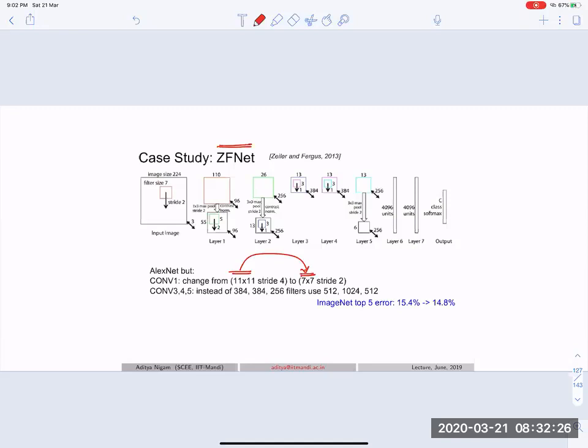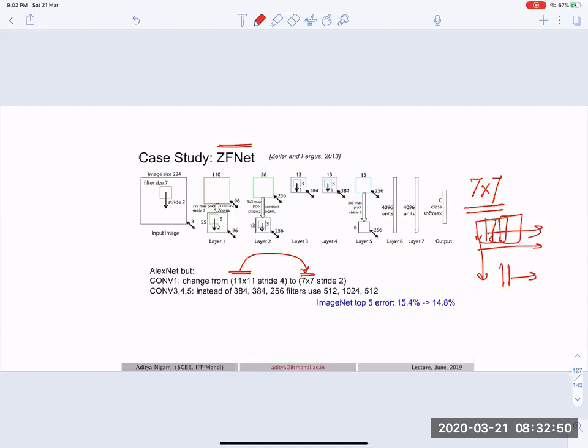One year back in 2012, they did not have sufficient hardware to apply 7 by 7, because a 7 by 7 filter keeps moving and takes a good amount of time to cover the image in both directions. 11 by 11 moves fast, so applying 7 by 7 was too time consuming.